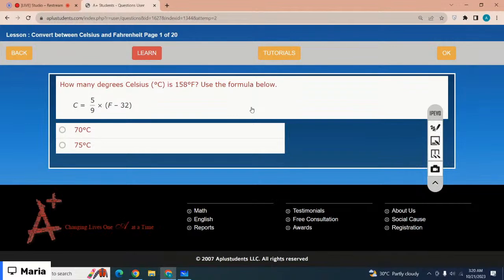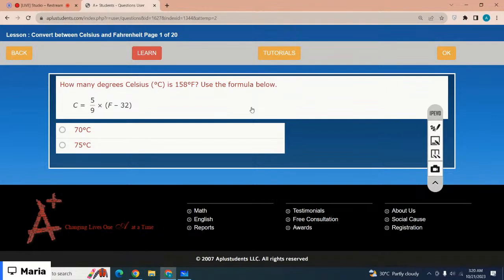How many degrees Celsius is 158 degrees F? Use the formula below. So you are given the temperature in Fahrenheit, you have to convert it into Celsius, right?